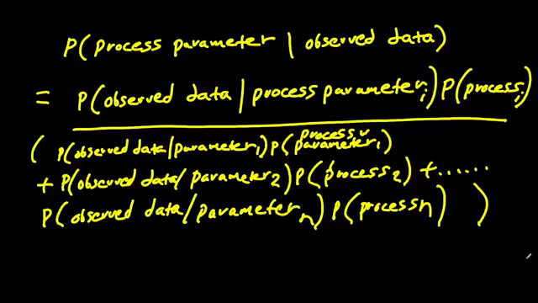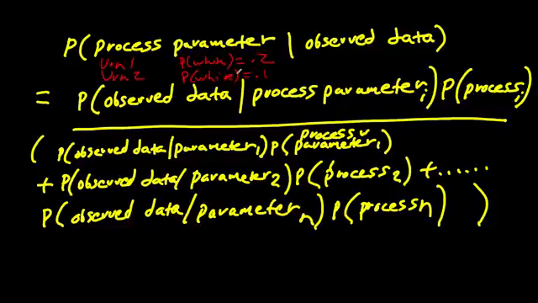Written in the terminology of conditional probability, we're interested in what is the probability of the process parameter. This is urn 1 or urn 2. This is probability of white equals 0.2, or probability of white equals 0.1, and they're equivalent, given the observed data of 3 white marbles in a row.